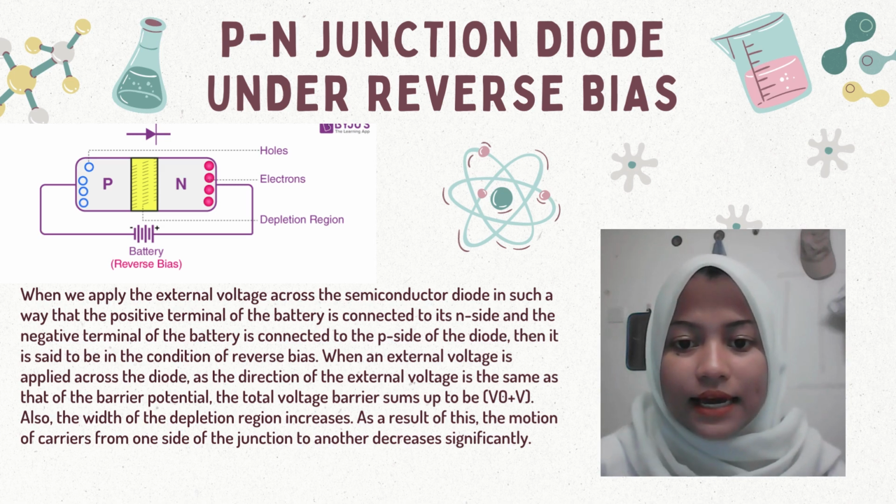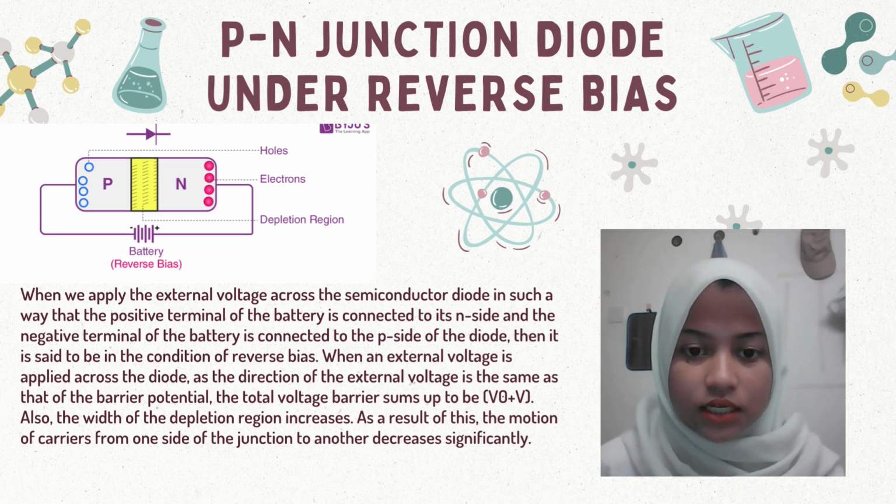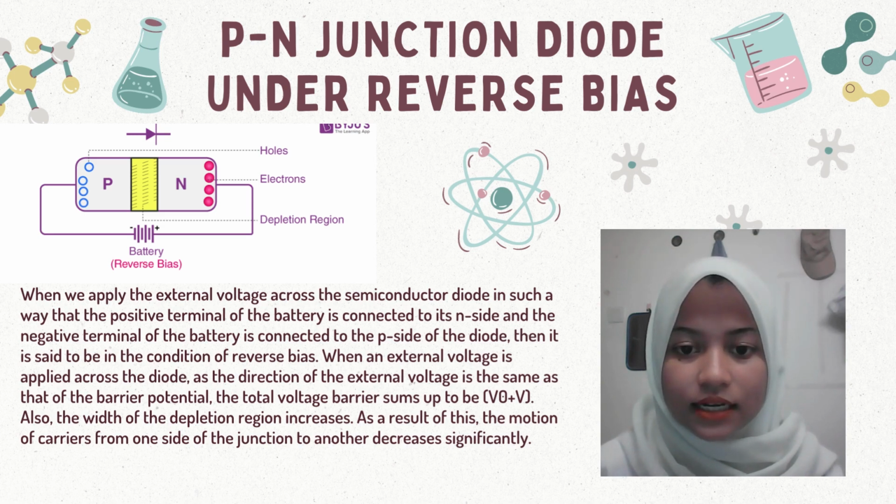When we apply the external voltage across the semiconductor diode in such a way that the positive terminal of the battery is connected to its N side and the negative terminal of the battery is connected to the P side of the diode, then it is said to be in the condition of reverse bias.